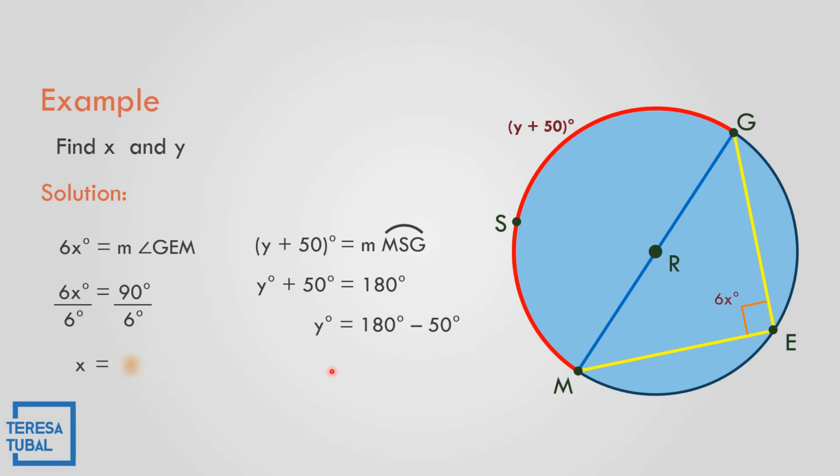So y degrees is equal to 180 degrees minus 50 degrees going to the right. Change the sign, so that becomes negative 50 degrees. 180 degrees minus 50 degrees, the answer is y degrees equal to 130 degrees. But we need to solve only for y, so we divide both sides by 1 degree. So y is equal to 130.